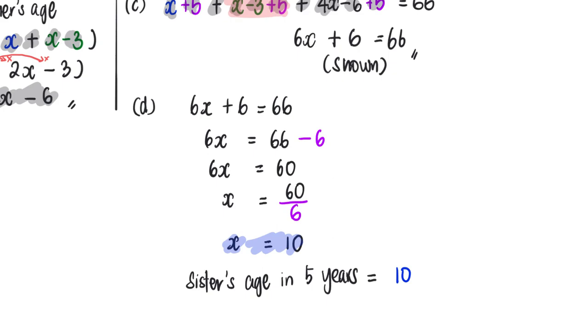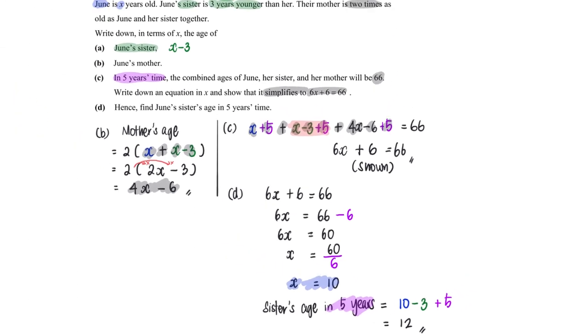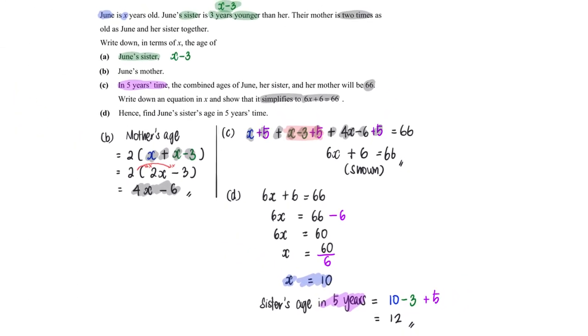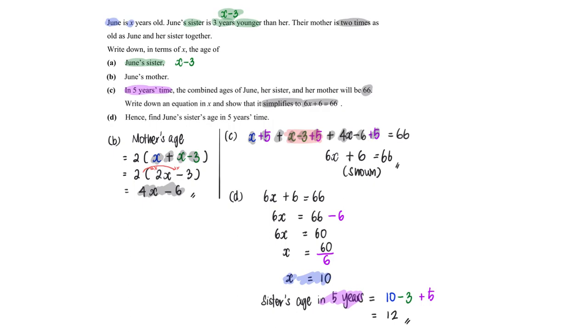Sister is 3 years younger now, and in 5 years' time, I need to add 5. So the answer would be 12 years old. With that, we've come to the end of this question. And let's move on to the next question.